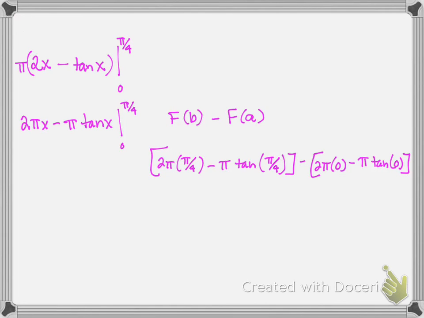Okay, so 2 pi times pi over 4 is going to give me pi squared over 2. And then tangent at pi over 4 is 1. 1 times pi is pi. And then everything inside parentheses, 2 pi times 0 is 0. And then tangent at 0 is 0 times pi, which is 0. So everything in the f at a goes away. It zeroes out. So my answer is going to be pi squared over 2 minus pi.